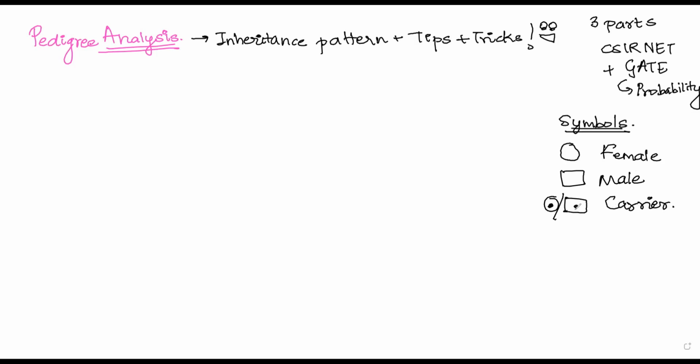Now, during sex-linked inheritances, we all know that a square with a dot is not possible. Why? Because males can never be heterozygous, they have just one X chromosome, right? The other one, if you find a shaded circle or a shaded square, that often means that that person is diseased or affected.